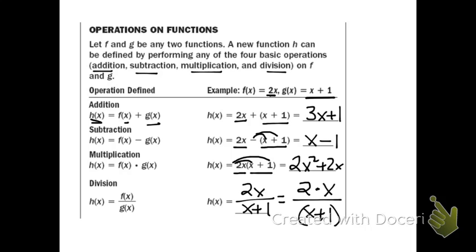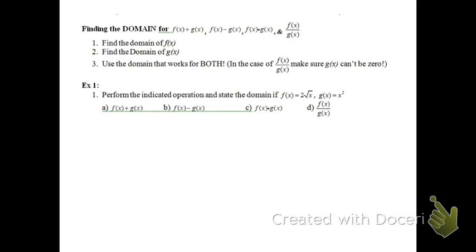Now, when we talk about the domain for adding, subtracting, multiplying, or dividing two functions, there's 3 steps that you have to take. First, you're going to find the domain of f of x, then find the domain of g of x, and the third and final step is to pick the domain that works for both, or the most restrictive.